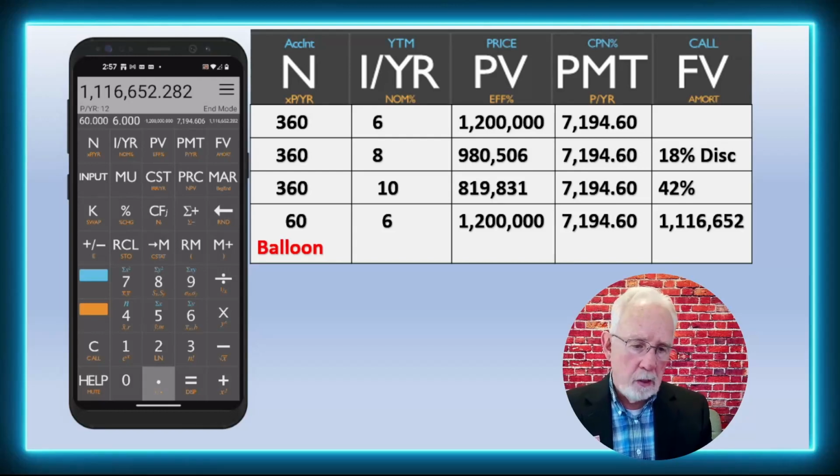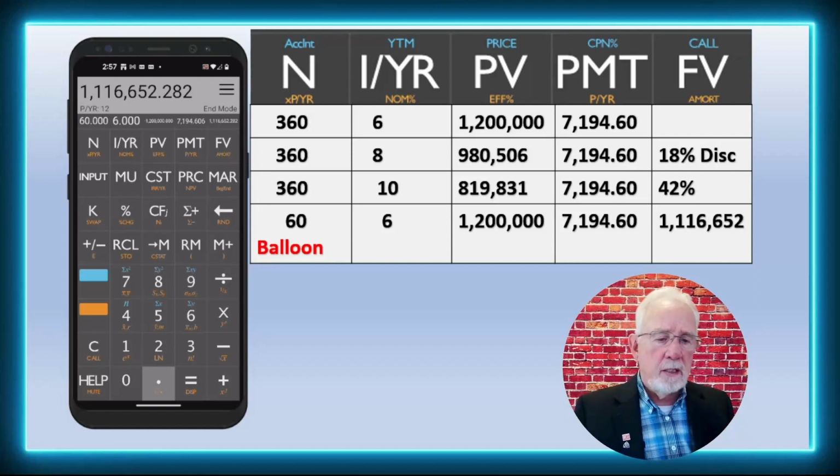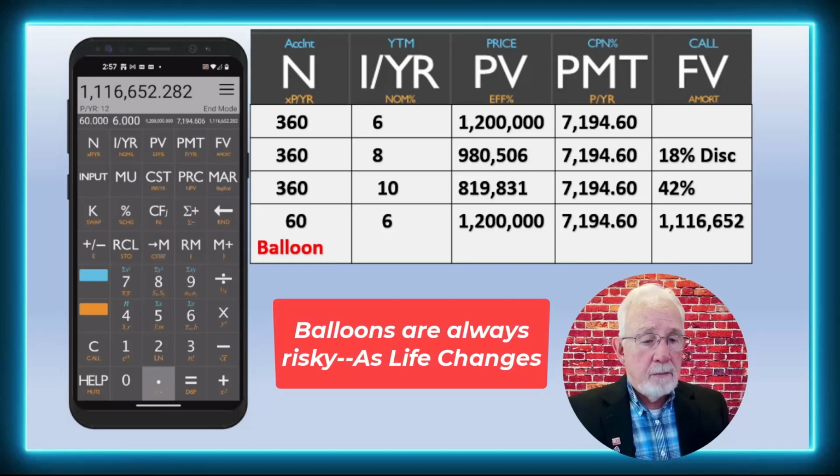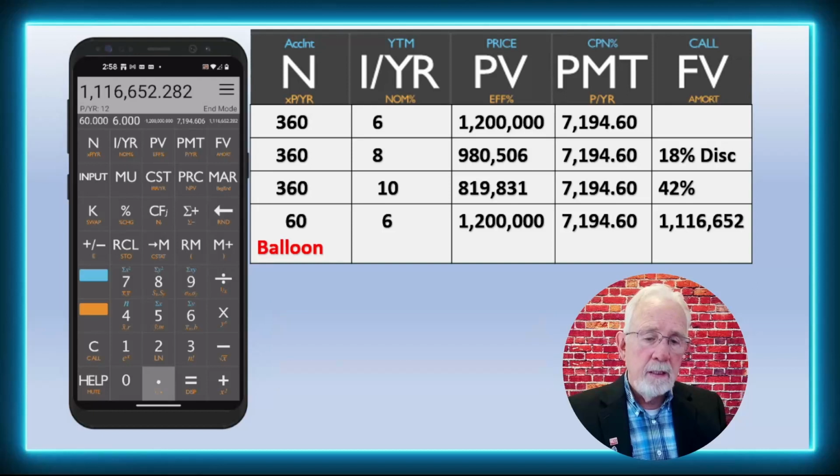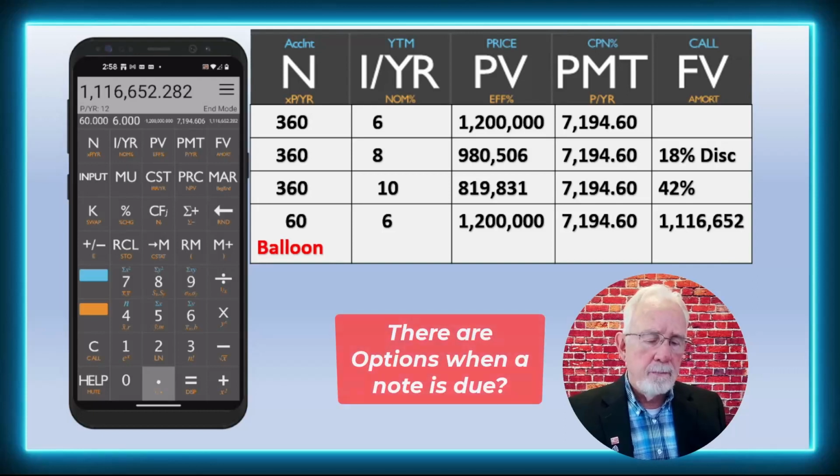A lot of times balloons don't get paid off just because it's hard to get the funds when you think you need the funds. But if they can pay you off, then you'll get $1,116,652. But a lot of times a note will just be extended. You could extend the note. You could say, hey, I'll finance you for another 5 years if you'll pay down the note by $50,000.